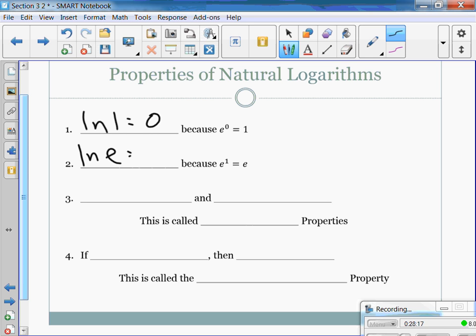And then my inverse properties. Natural log of e to the x equals x, absolutely, and e to the natural log of x equals x, absolutely. And then our one-to-one properties, what does that look like?